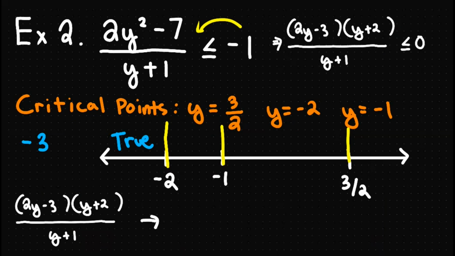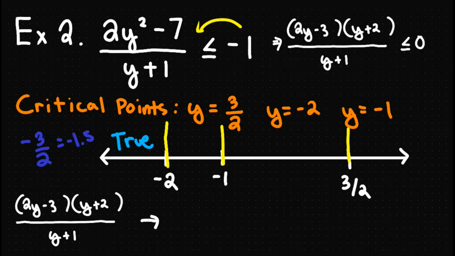Now for this one, what is a number between negative 2 and negative 1? This might seem quite tough since we'll have a fraction, but we have no choice. So we can take negative 3 over 2, since negative 3 over 2 is equal to negative 1.5, so it is really in the middle of these two.